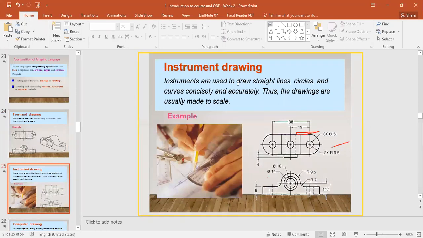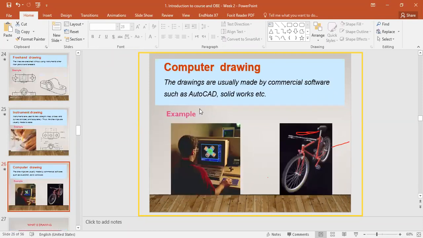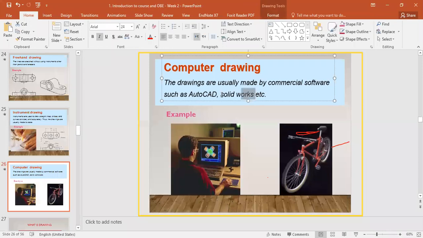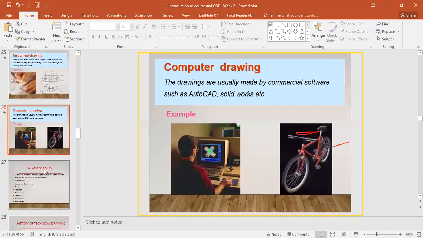Instruments are used to draw straight lines, scales, circles, and curves concisely and accurately. Thus, the drawings are usually made to scale. For computer drawing, the drawings are made by computer software such as AutoCAD, and these are the two most familiar softwares used for drawing different objects.